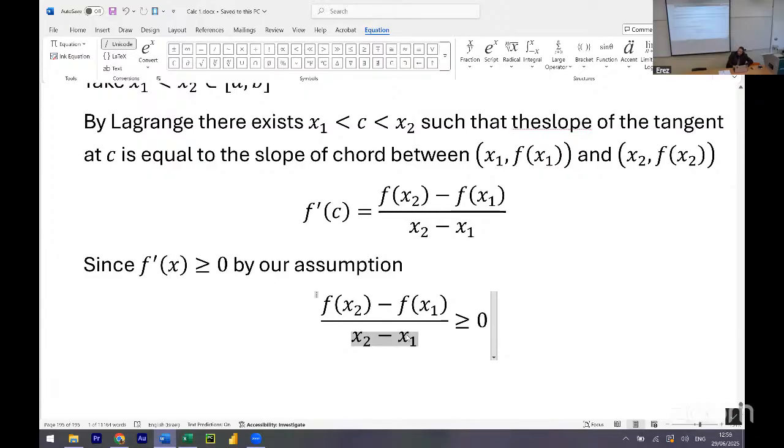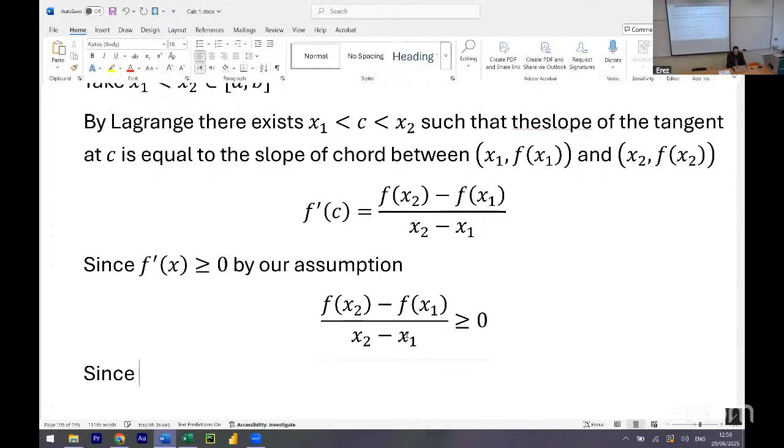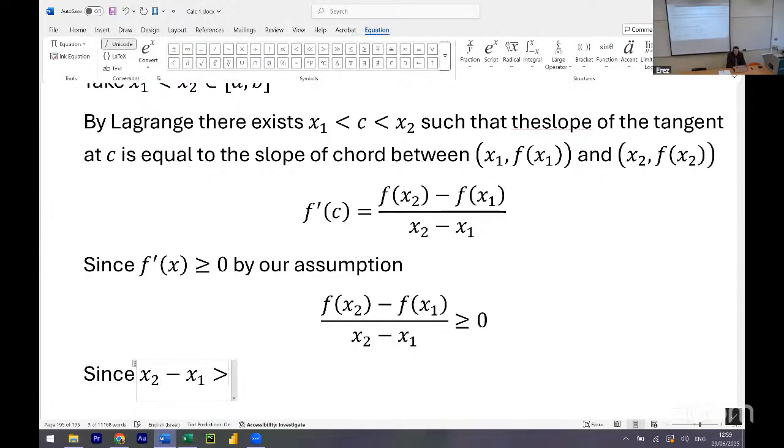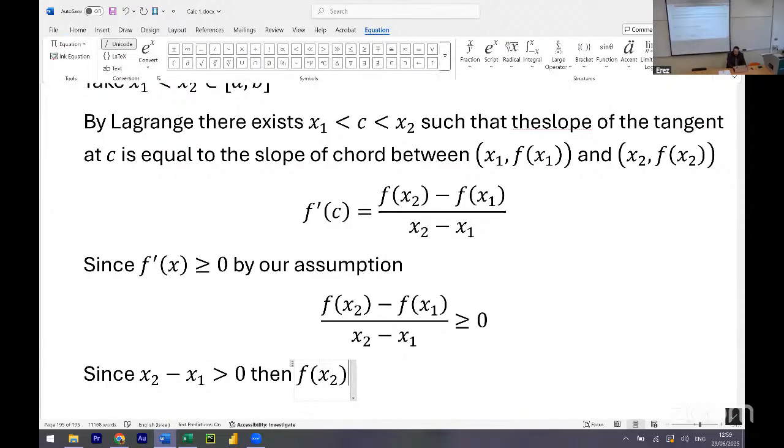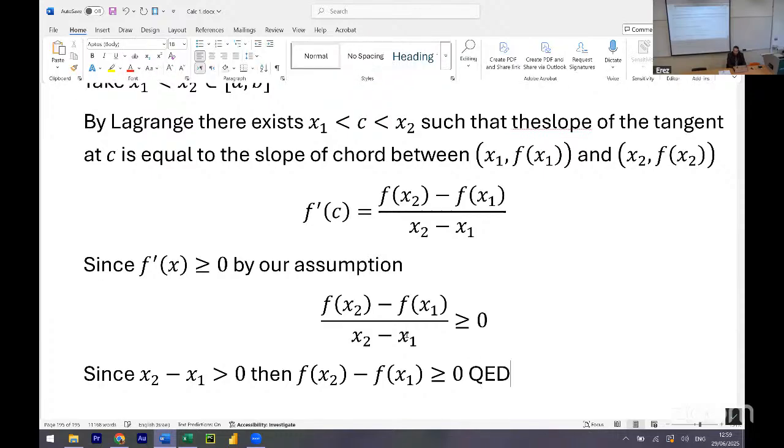So what can you deduce about the numerator? It's given, it's also positive. Since x2 minus x1 is positive, then f of x2 minus f of x1 is non-negative. Agreed? And QED. That's what we need.